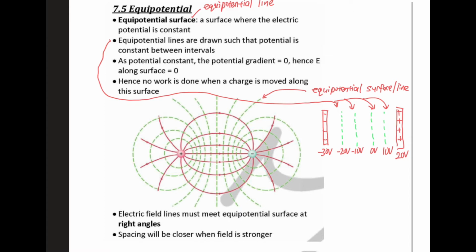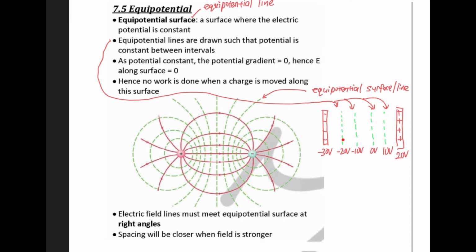And because potential gradient is 0, the electric field strength E is also equal to 0. So if you move along the equipotential line, there is 0 electric field strength.